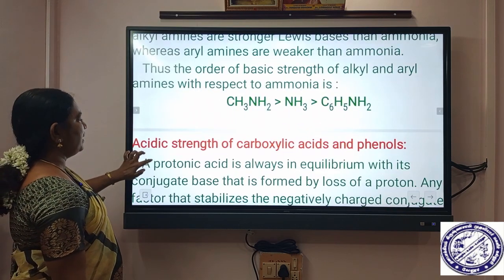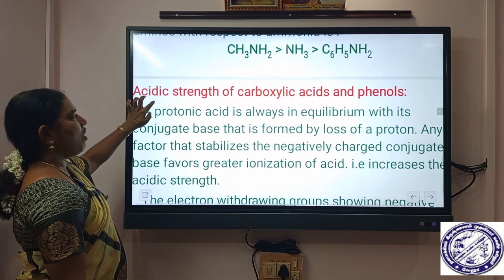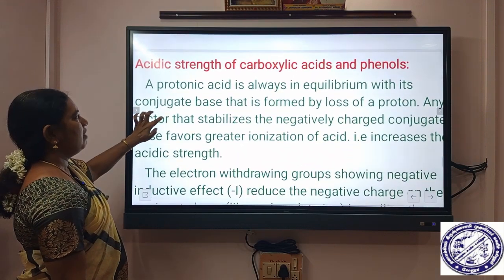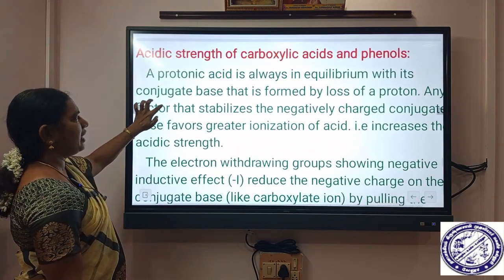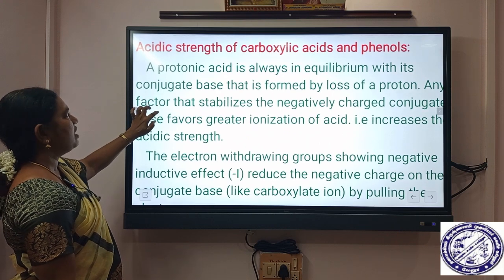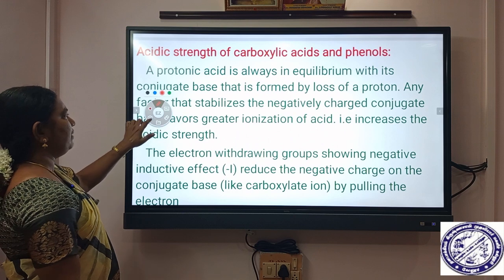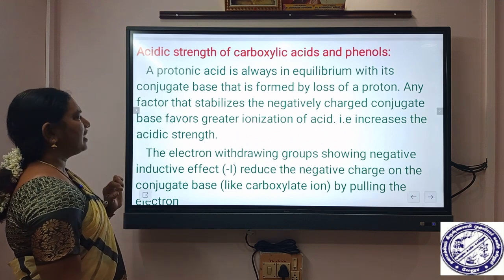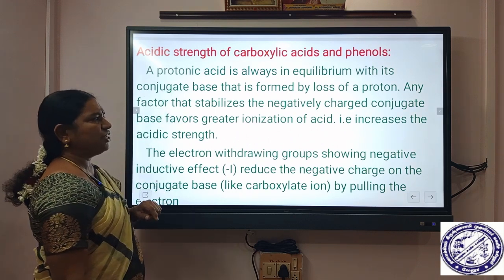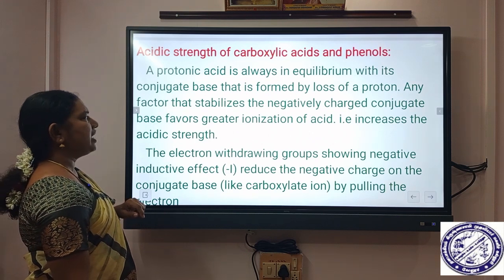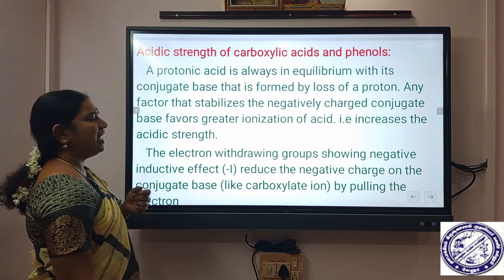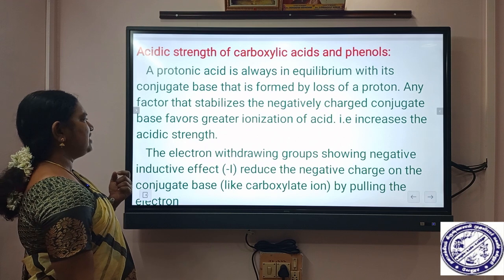The last application is the acidic strength of carboxylic acids and phenols. A protonic acid is always in equilibrium with its conjugate base, that is formed by the loss of a proton. Any factor that stabilizes the negatively charged conjugate base favors greater ionization of the acid, that is, increases the acidic strength.